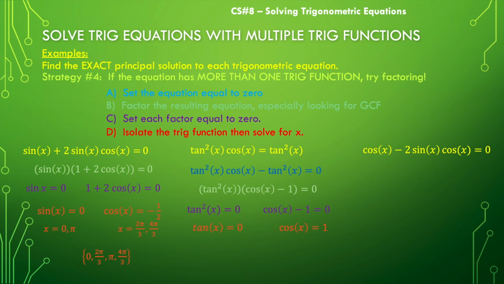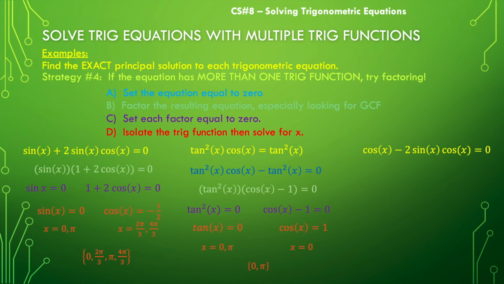Where is tangent of x equal to 0? Remember, tangent of x is equal to the y-coordinate divided by the x-coordinate, so where the y is equal to 0. And where is cosine of x equal to 1? Or which angles have an x-coordinate of 1? Okay, and so this will be at 0 and pi, and this one will be at just 0. And so we end up with a solution set of 0 and pi here.